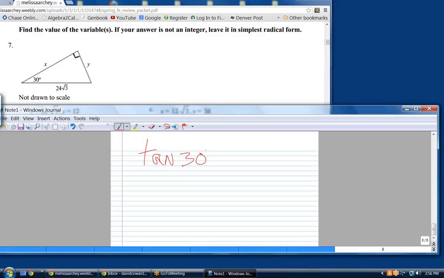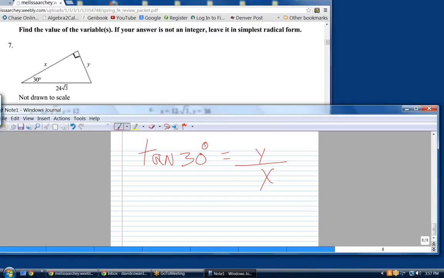Equals what? Equals y over what? X. Well, that doesn't help me, does it? No. In other words, I don't want a trig function that relates y to x because now I have 2 variables and I can't solve that.